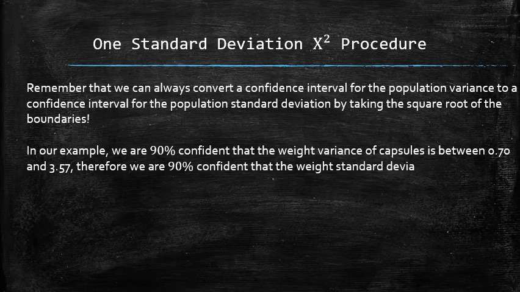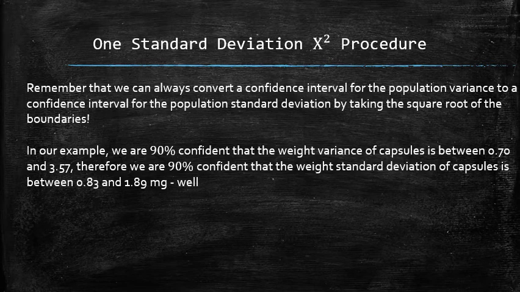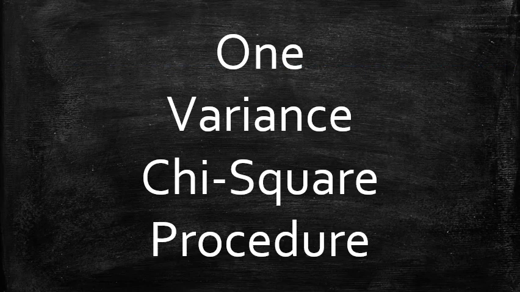Therefore, we are 90% confident that the weight standard deviation of capsules is between 0.83 and 1.89 milligrams, well within the standard 2 milligrams. I just showed how to apply the one variance chi-square procedure to construct a confidence interval with a certain level of confidence.